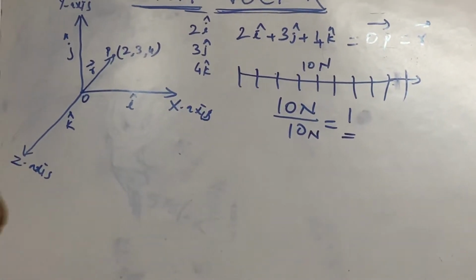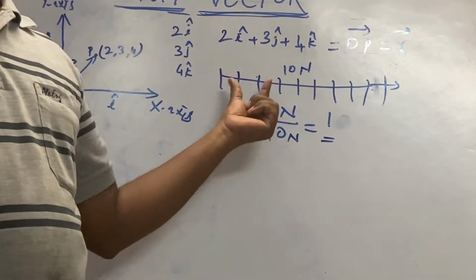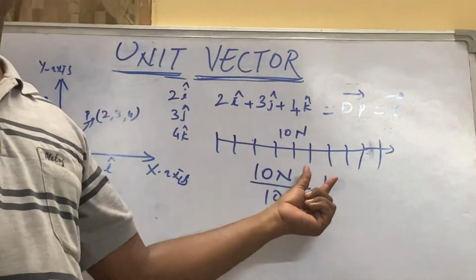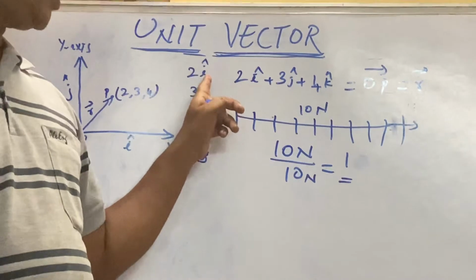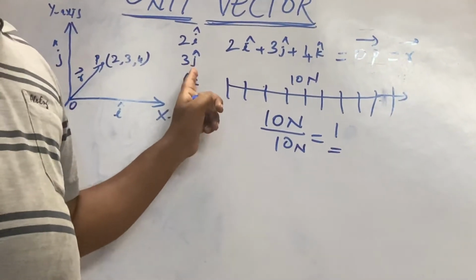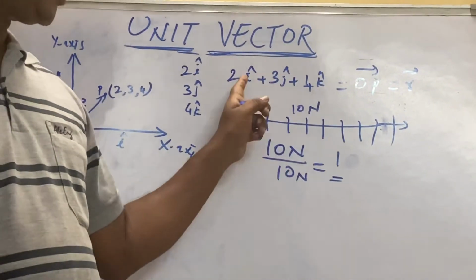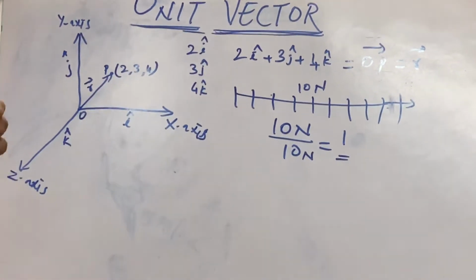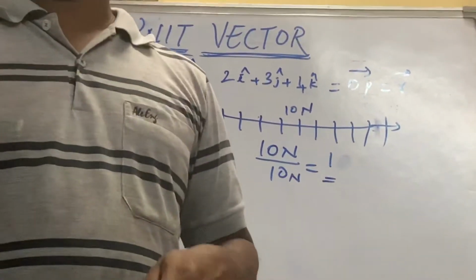So we come to understand that the unit vector is a vector whose magnitude is 1. It is dimensionless, meaning no unit, only the direction will be there. Along the x-axis, y-axis and z-axis we take i cap, j cap, k cap. The given vector is written in terms of the unit vectors: 2i plus 3j plus 4k. Now how to find the unit vector for a given vector?